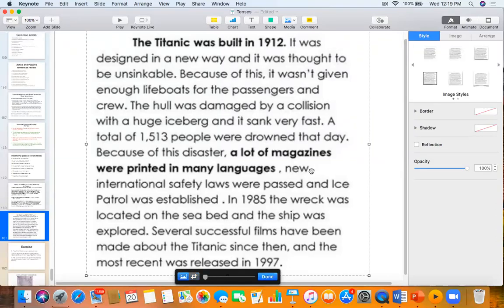Understood? A lot of magazines were printed.